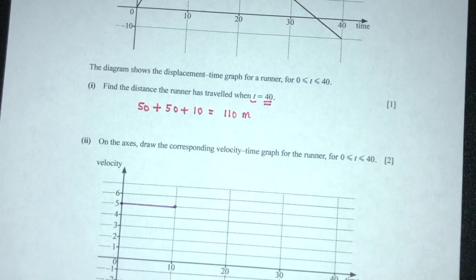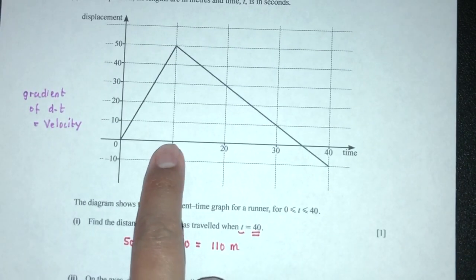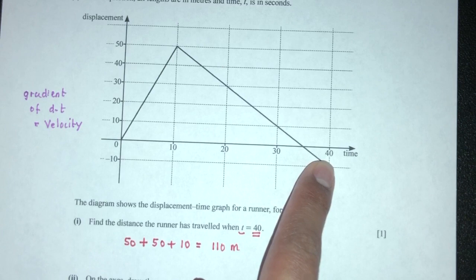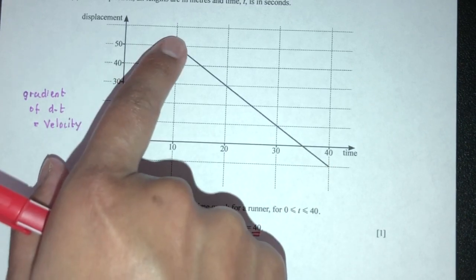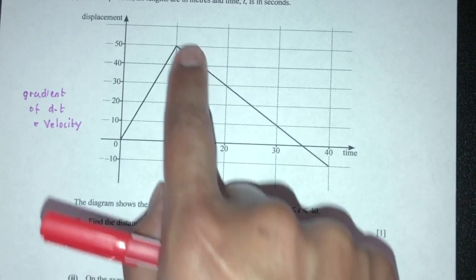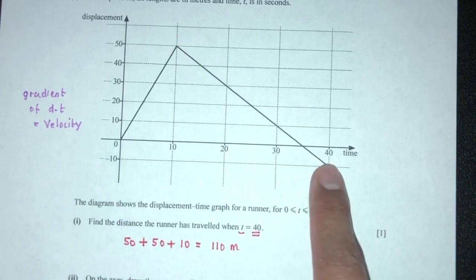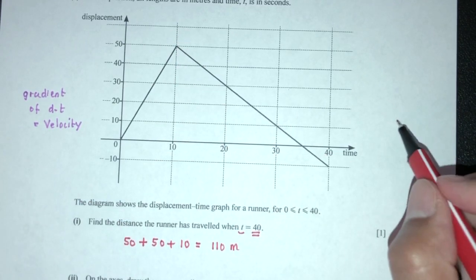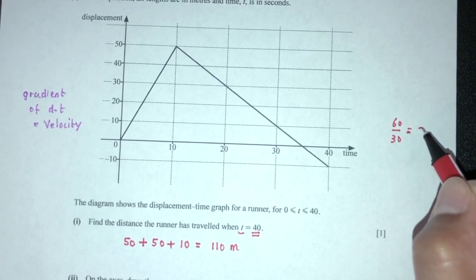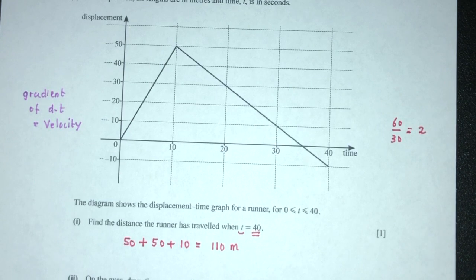Now what's next? Next you can see from 10 to 40, we have a decrease here, which is constant, which means the value of v will also be a constant value. So v will be the height divided by the base. The height will be 60, base will be 30. So 60 divided by 30, that will be the value of 2.